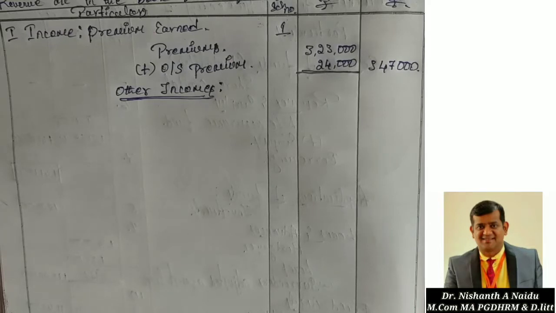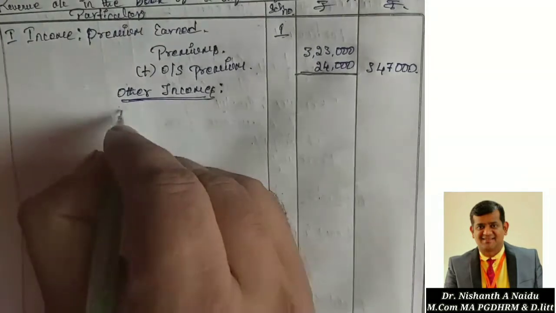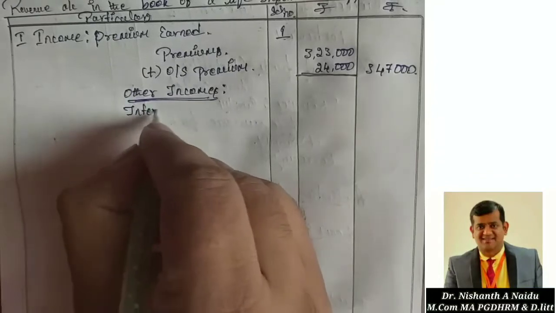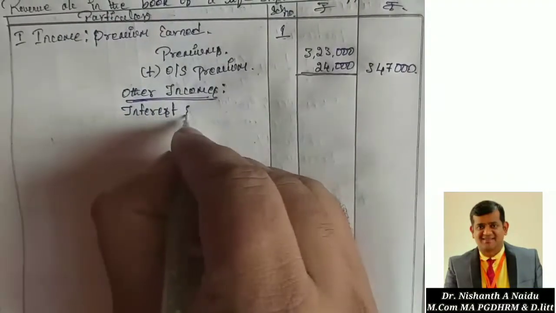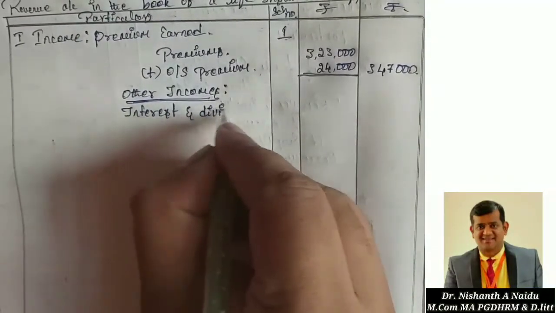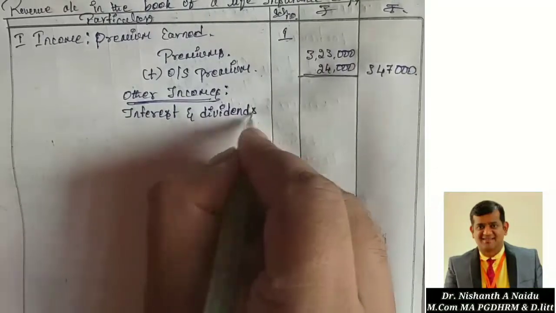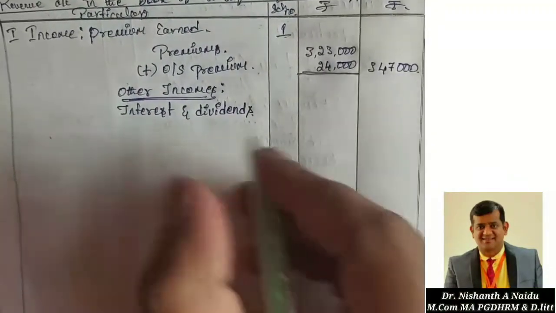Yes, it is there in the trial balance. Other incomes, interest and dividends received 2,25,400, correct? So write down interest and dividends 2,25,400.